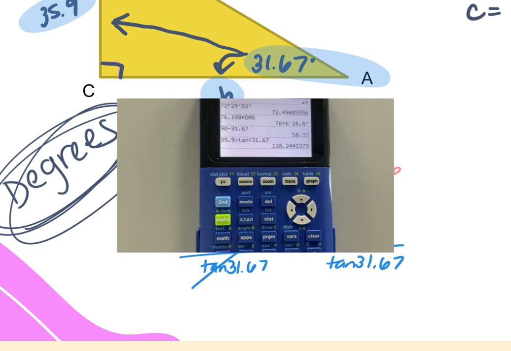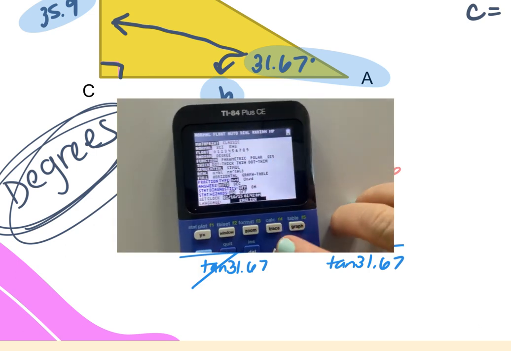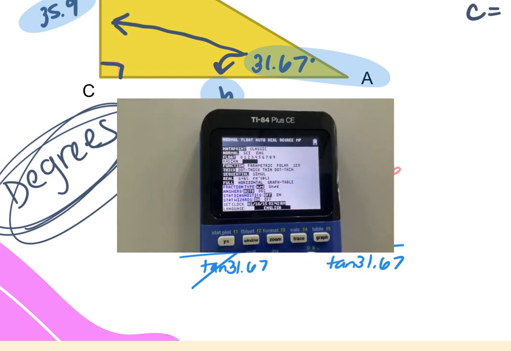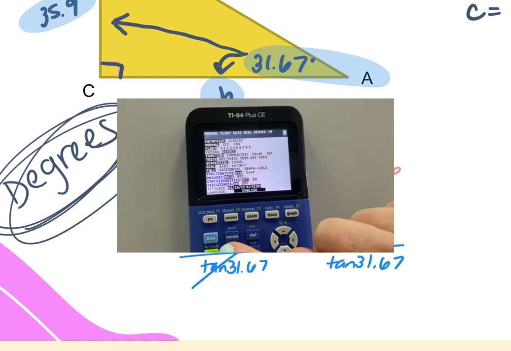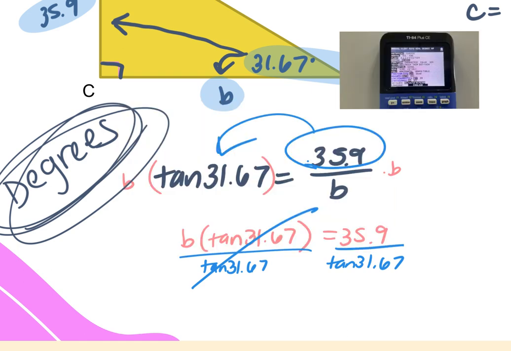You go mode, and then on the third line, you switch it from radians to degrees. So after you do that, and you do 35.9 divided by the tangent of 31.67, B should be 58.19 or 58.2.